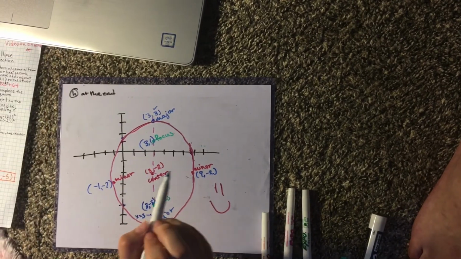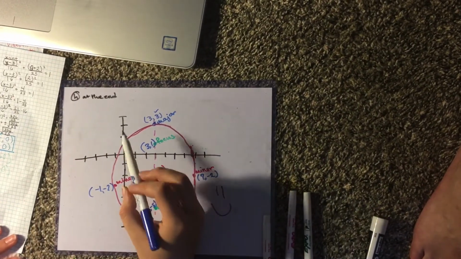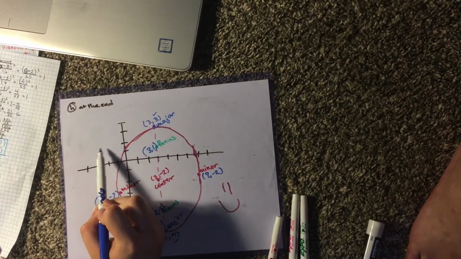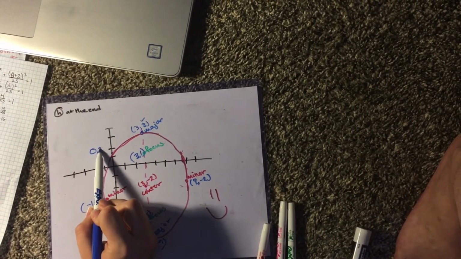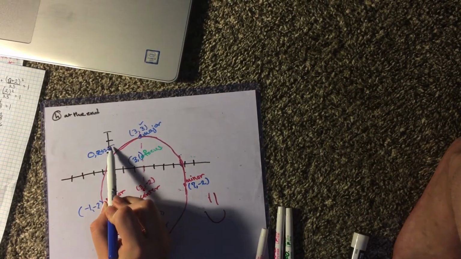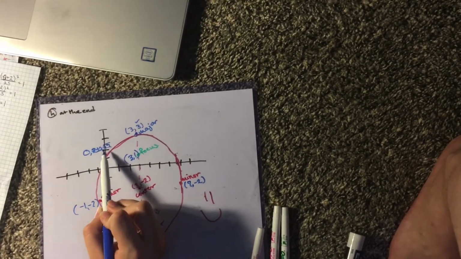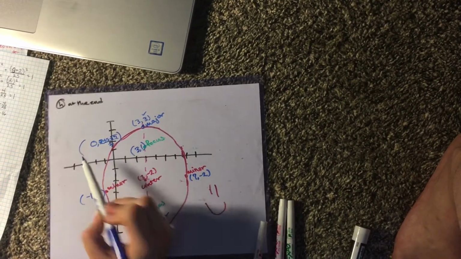Perfect. And the tricky part was graphing our y-intercepts, because these are very small little differences. This one is going to be 0, negative 2 plus 5 square root of 7 over 21 for that one.